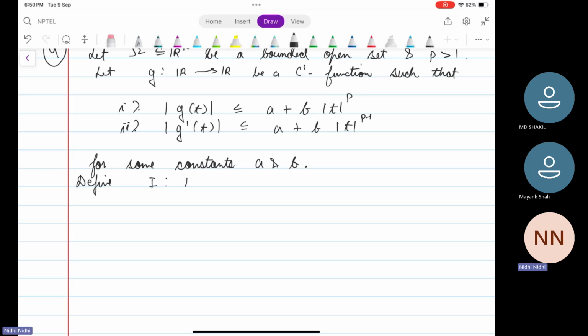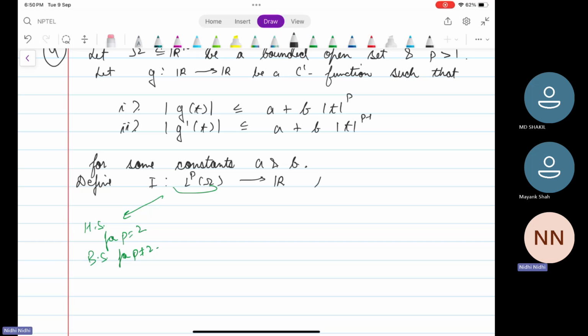Now we define I from the space L^p(omega). So basically this L^p(omega) is a Hilbert space for p equals 2. Otherwise, it is always a Banach space.